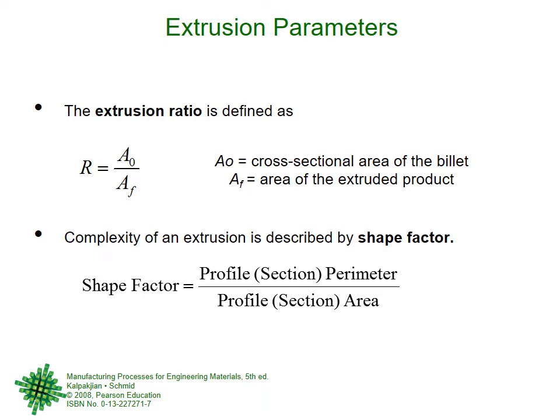Okay, compare a solid cylinder. We just told you, for a solid cylinder the perimeter is 2 pi r and the area is pi r square. Compare it to a gear. The inside of the gear is, say, solid, but the outside is cut into 20-30 different teeth.